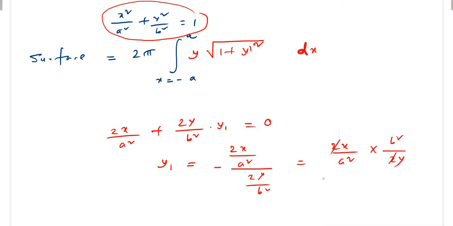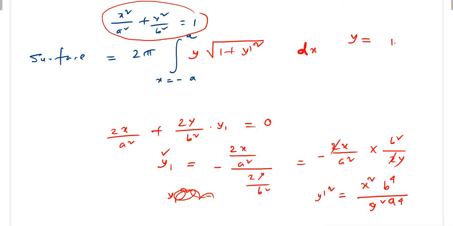The 2 cancels, and y1 square will be x square b to the power 4 divided by y square a to the power 4. So this is your y1. You already have y. The calculation will be a little lengthy. y will be root over of 1 minus x square by a square, into b.